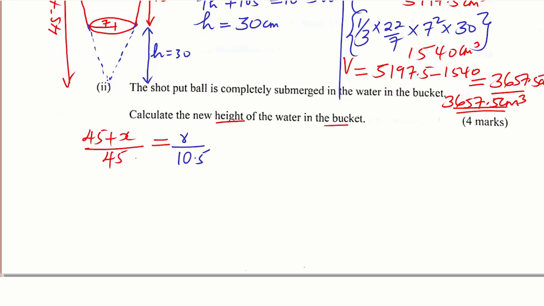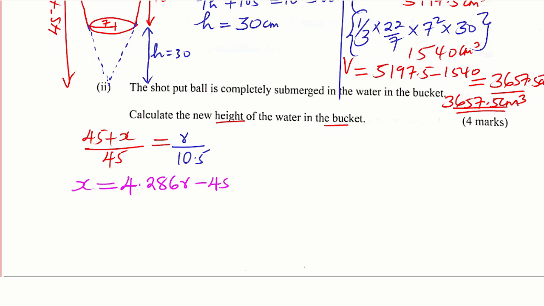You just need to cross multiply, and when you do that, you'll get the expression for x, as x will be given by 4.286r minus 45. So that is what you get when you cross multiply and you make x the subject. You get the expression for x, which is the new height, to be that.